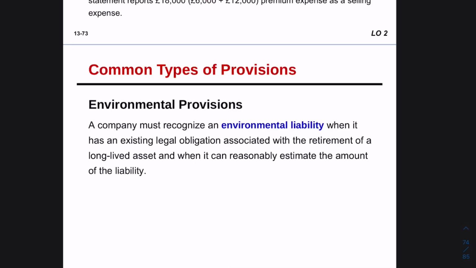Then we have environmental provision. So a company must recognize the environmental liability when it has an existing legal obligation associated with the retirement of a long-lived asset, and when it can reasonably estimate the amount of the liability. Simply, sometimes some businesses will cause environmental damage, and the cost is to clean up that environmental damage.